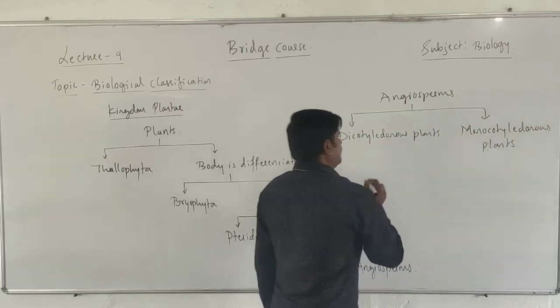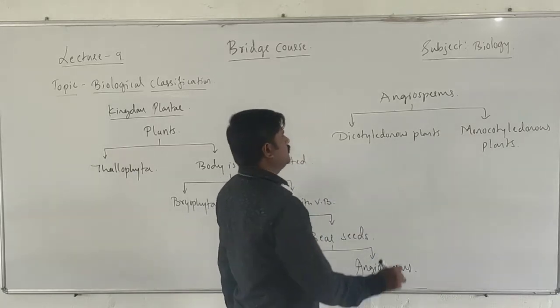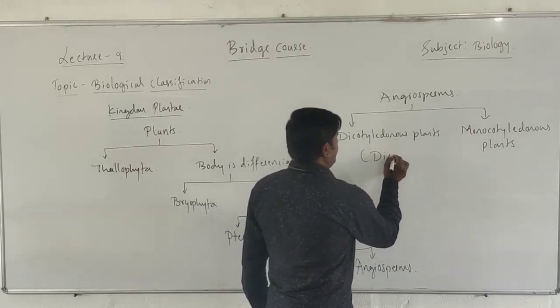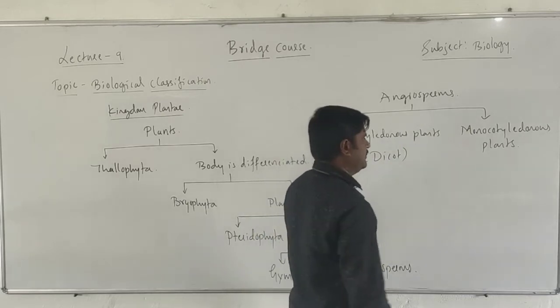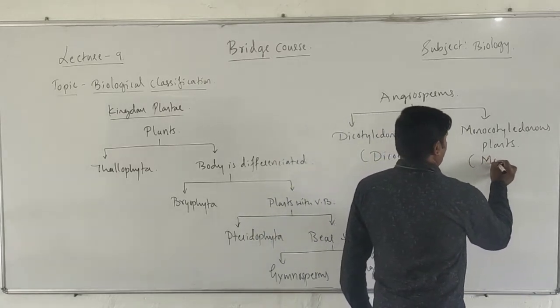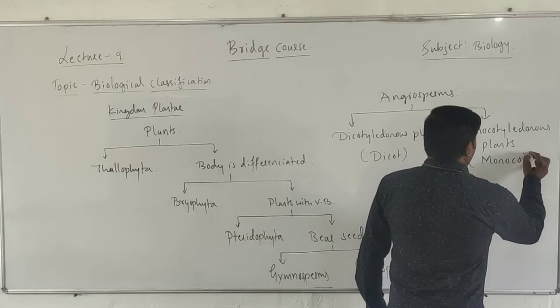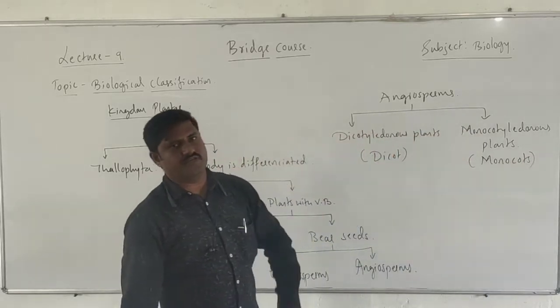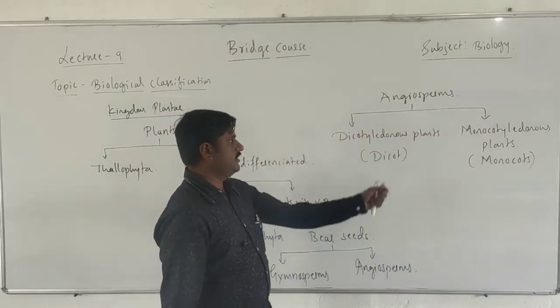Simply we call them dicots and monocots. This way they have been categorized into two groups, right?